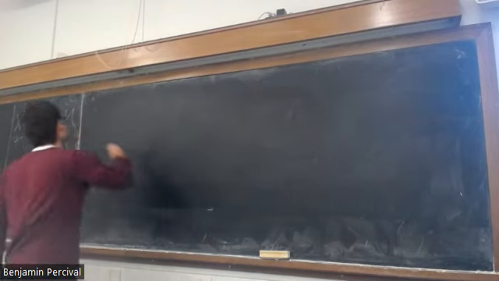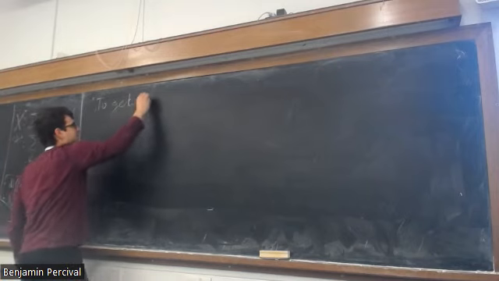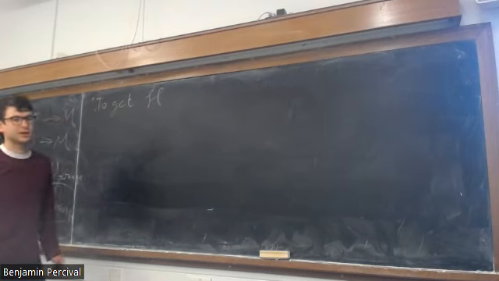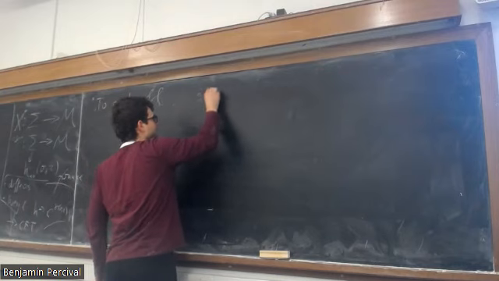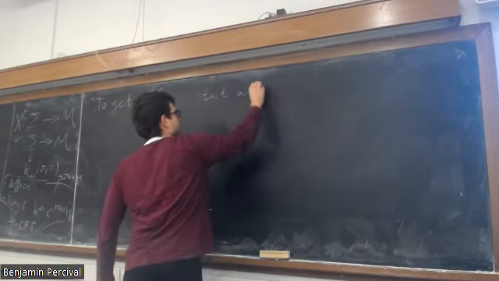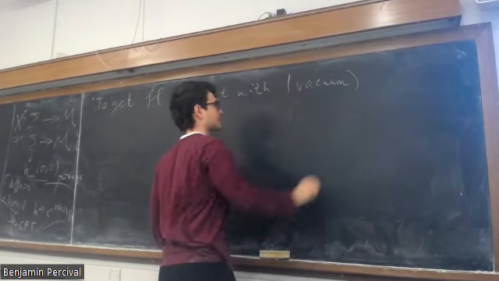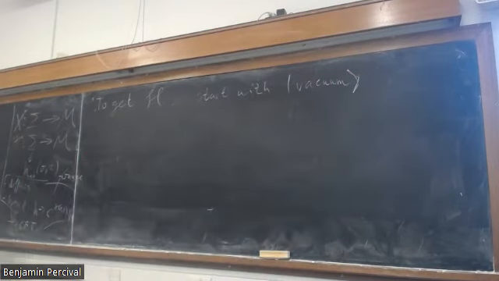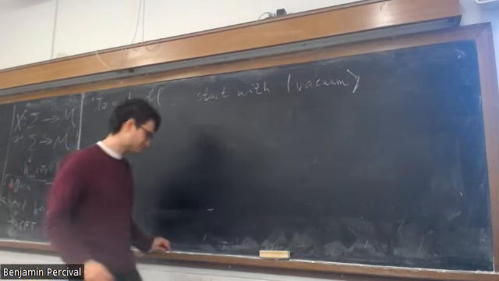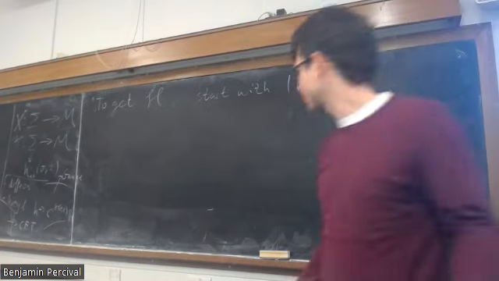So we have to find a vacuum. If we want to get a Hilbert space H, let's start with some vacuum state.